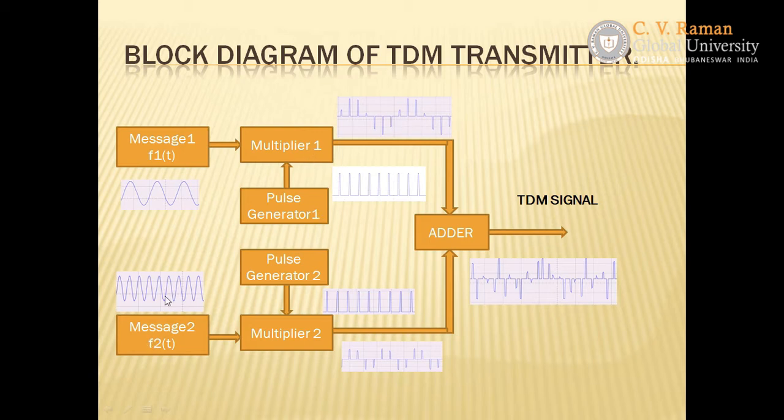Again the message signal 2 is also multiplied with pulse train 2 so that we are getting sample 2. So now we are getting two samples, sample 1 and sample 2. Then simply we are adding these two samples so that we are getting the TDM signal. And in the TDM signal, if you see, there is no overlapping between the two samples.